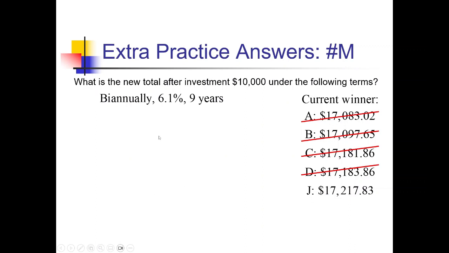For Plan M, we're doing this biannually, which is to say twice a year, 6.1%, 9 years. So we're going to use our PB to the T. It's almost not worth it, but we'll do it. So we've got 1 plus 0.061 divided by 2, twice a year, raised to the 2.